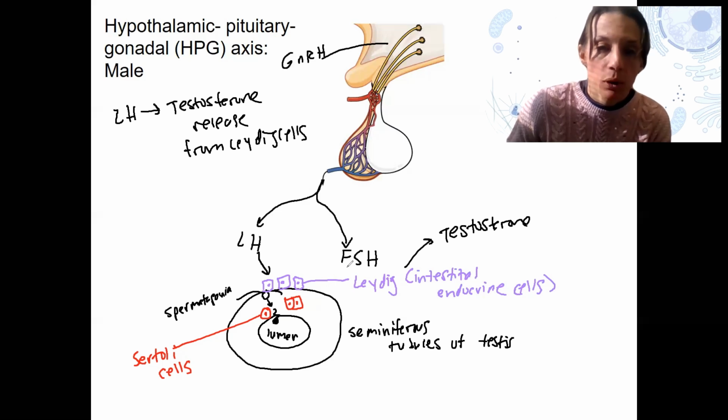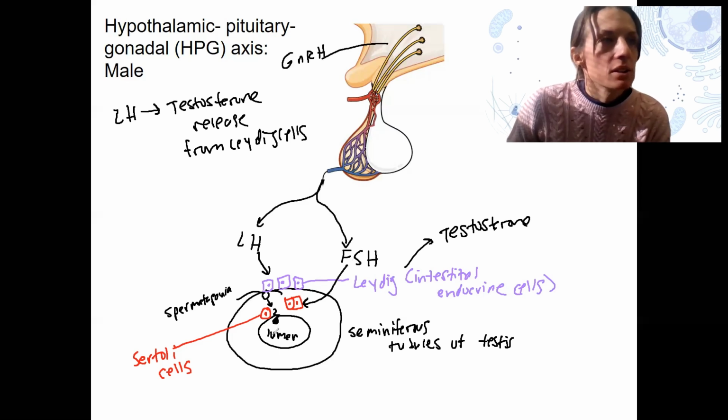So follicle stimulating hormone is going to stimulate the Sertoli cells and is going to stimulate spermatogenesis. So follicle stimulating hormone is going to stimulate the Sertoli cells and cause the spermatogonia to develop further, faster.